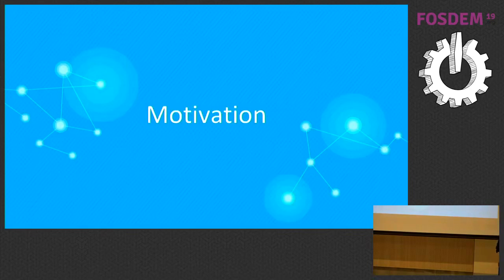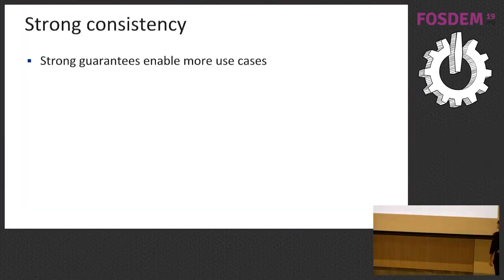So the reason we want to introduce a stronger consistency model in Scylla is trivially because it just enables more use cases. If you want to have uniqueness constraints, if you want to specify that a particular email address exists only once in the database, then it's really cumbersome to do that with just quorum reads and quorum writes.